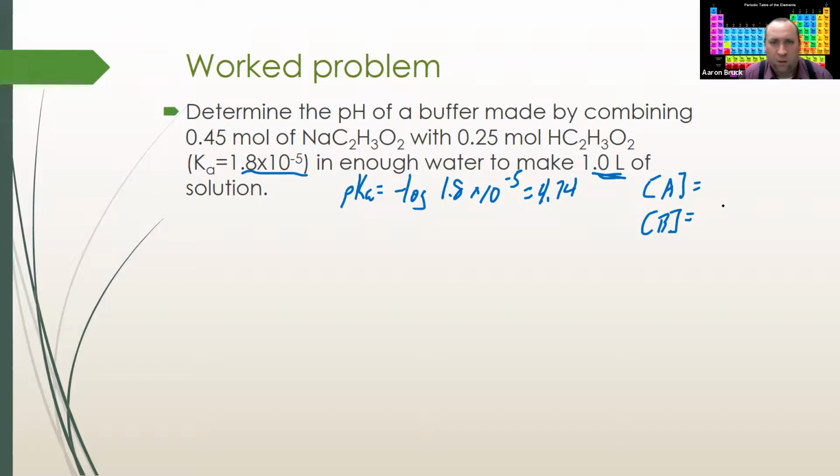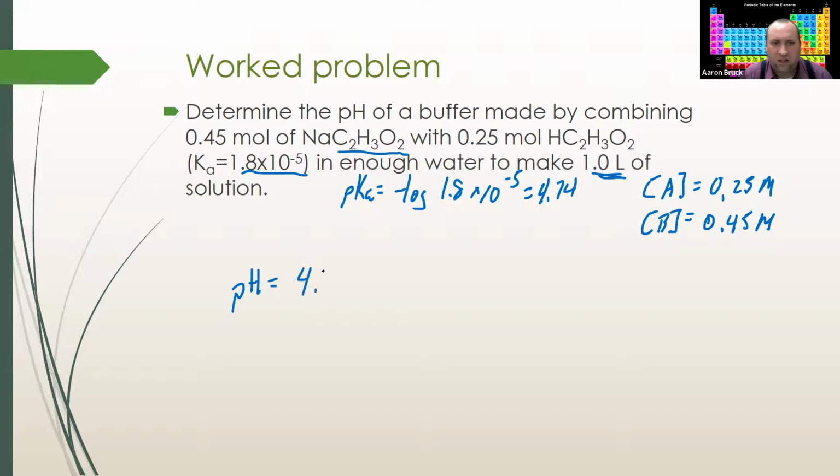So 0.45 moles of sodium acetate divided by 1 liter gives me 0.45 molar. Again, this is for the acetate, the conjugate base. And that would mean I'd have 0.25 molar for the acetic acid, which would be my acid.